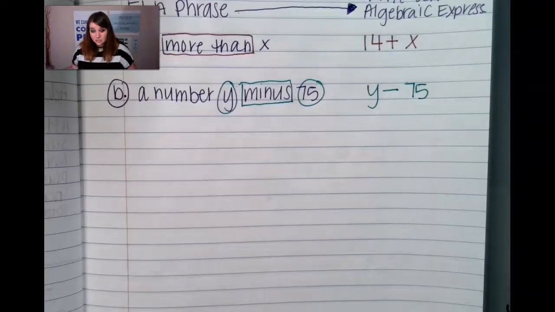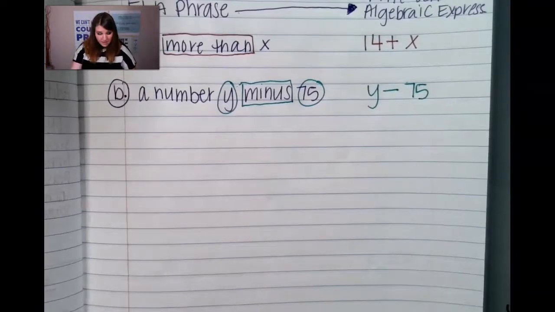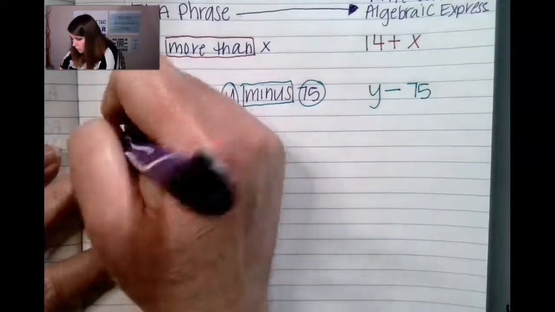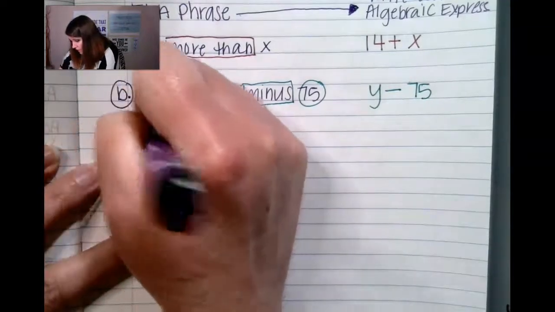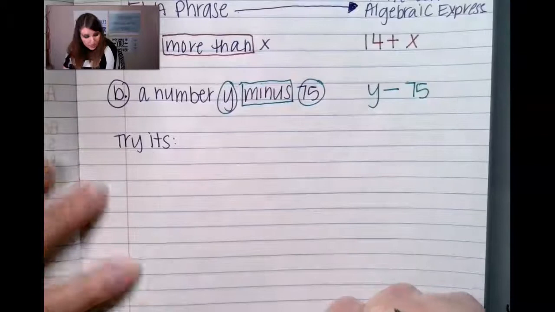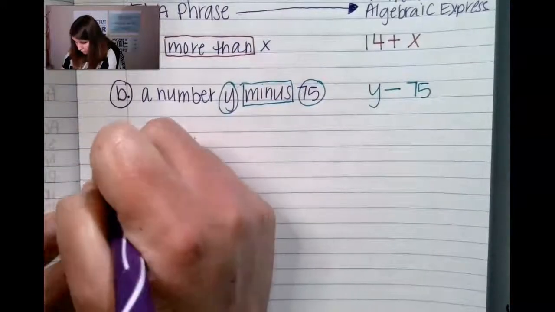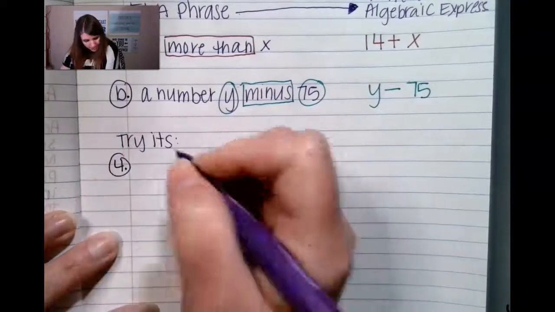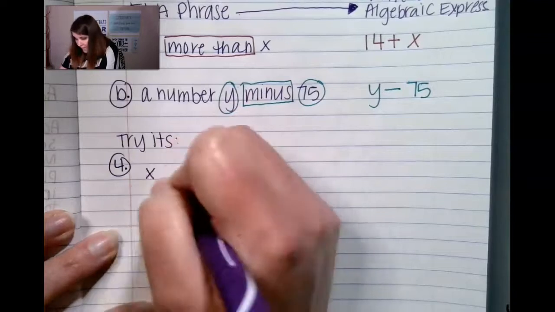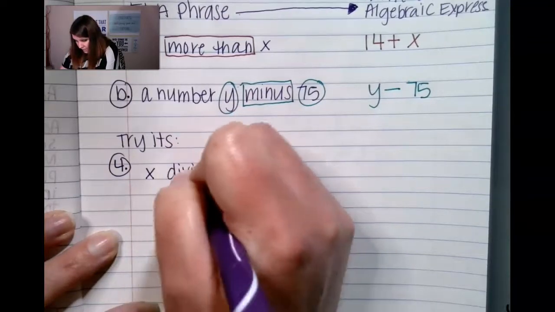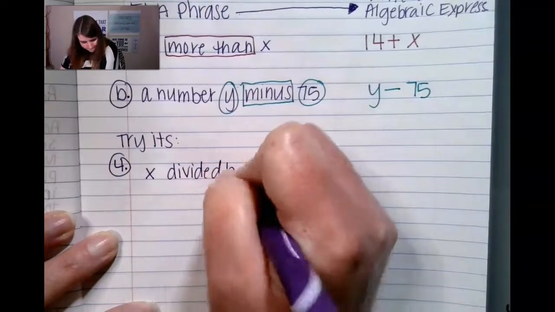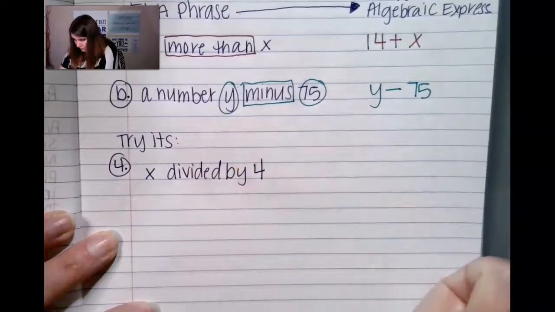I can't solve that. Okay, it's your turn. It is your turn to do some try-its. Okay, if we were in the book, this would be try-it number 4, if you were looking at your math book. And it says x divided by 4.